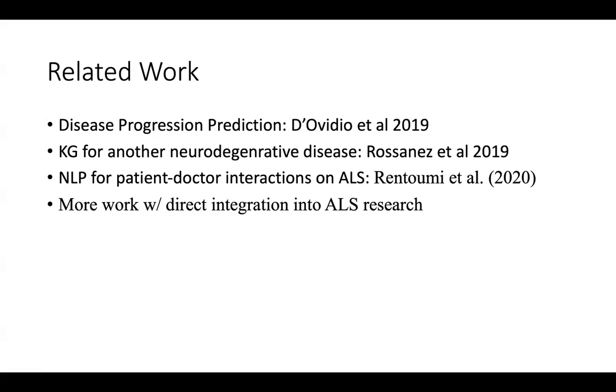With more work in this manner, the machine learning approach, and more direct integration into ALS research, this can help researchers skim out a lot of years worth of research simply by giving them a centralized repository that they can access and that is updated every month with new literature added to it.